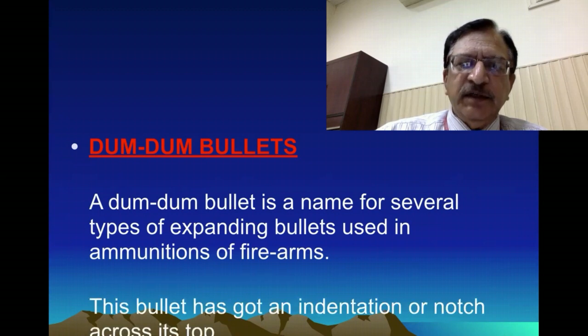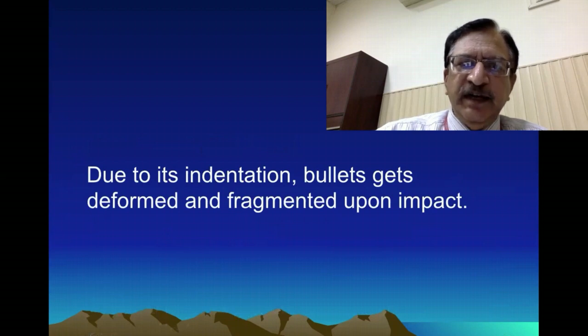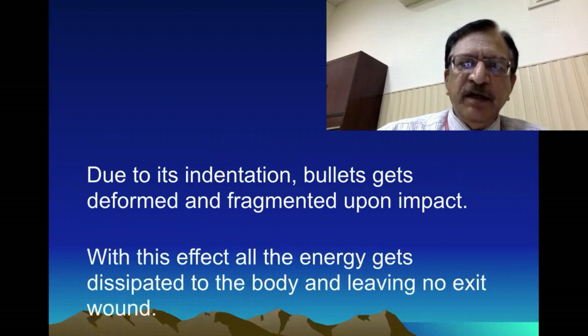expanding bullets. The bullet has got an indentation or notch across its top, that is the hollow nose. And due to this indentation and hollowness, the bullet gets deformed and fragmented upon impact, or it will expand in a flower-shaped manner during the flight in the air.